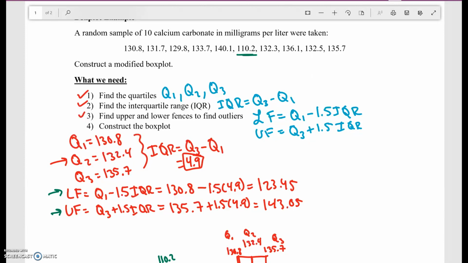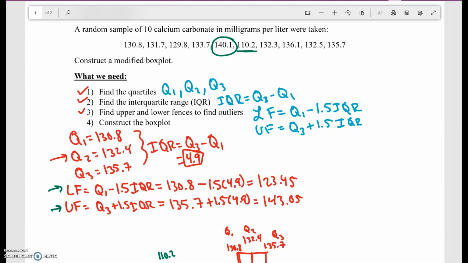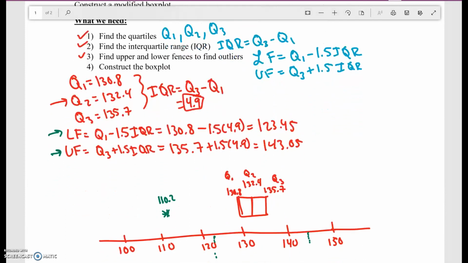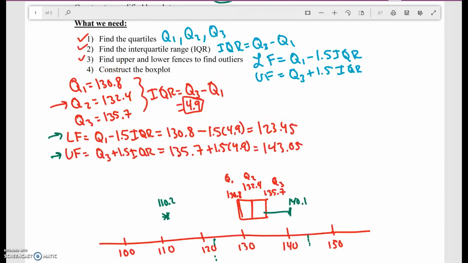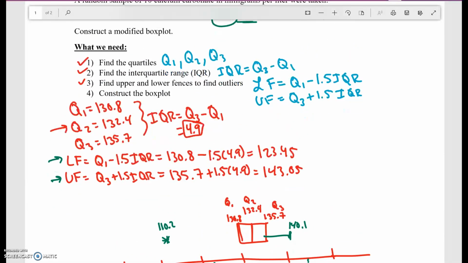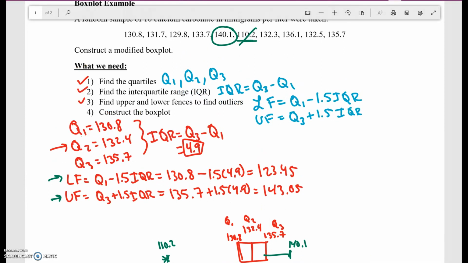Our maximum value seems that it's going to be 140.1. That seems like it's going to be our maximum value. So 140.1, this is going to be this one. And then my other value, well, this 110.2 is an outlier.